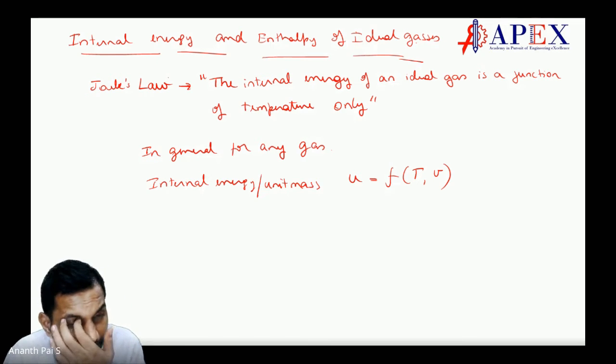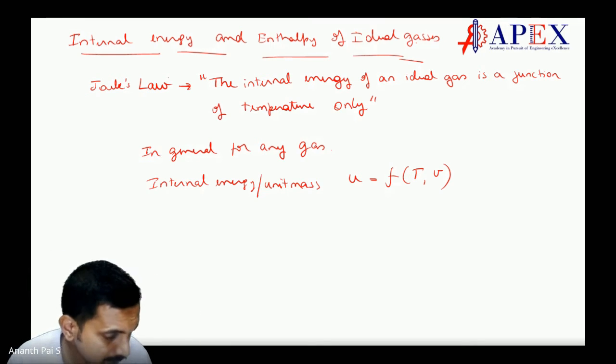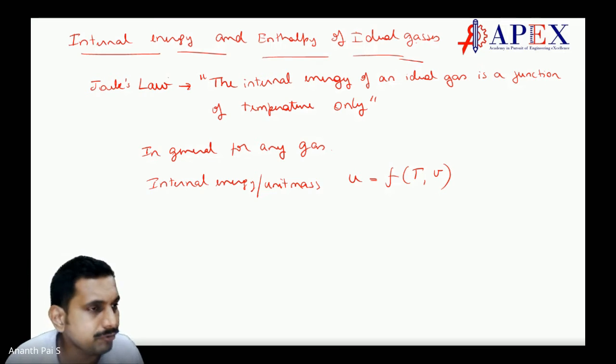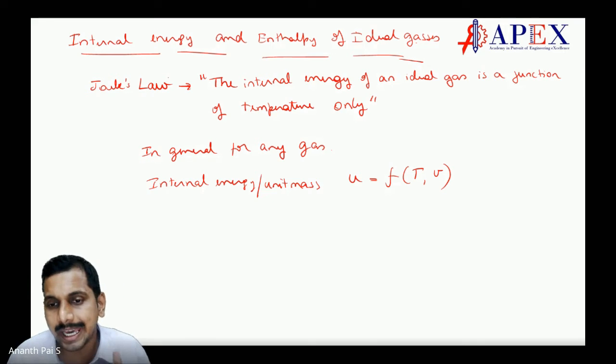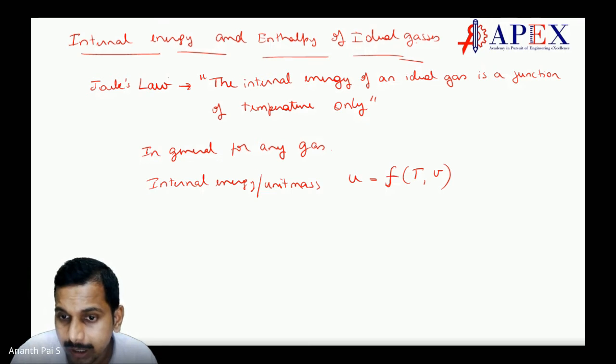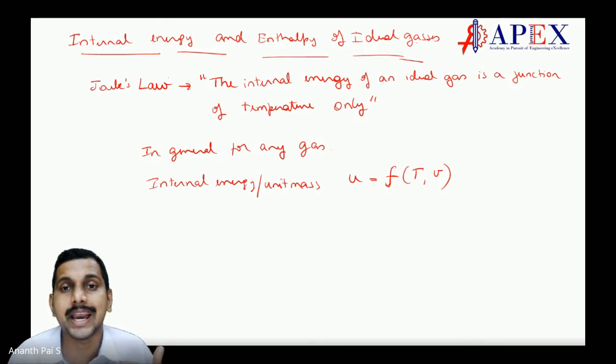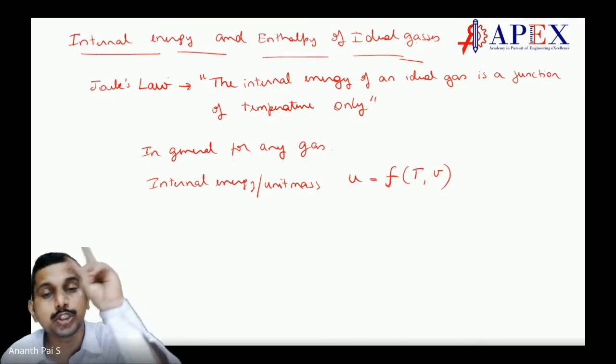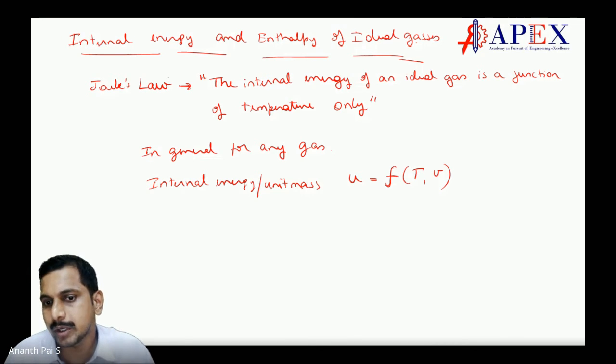I could have written temperature and pressure. This is one of the fundamental laws of thermodynamics, students, that any property can be written as a function of two other properties alone.